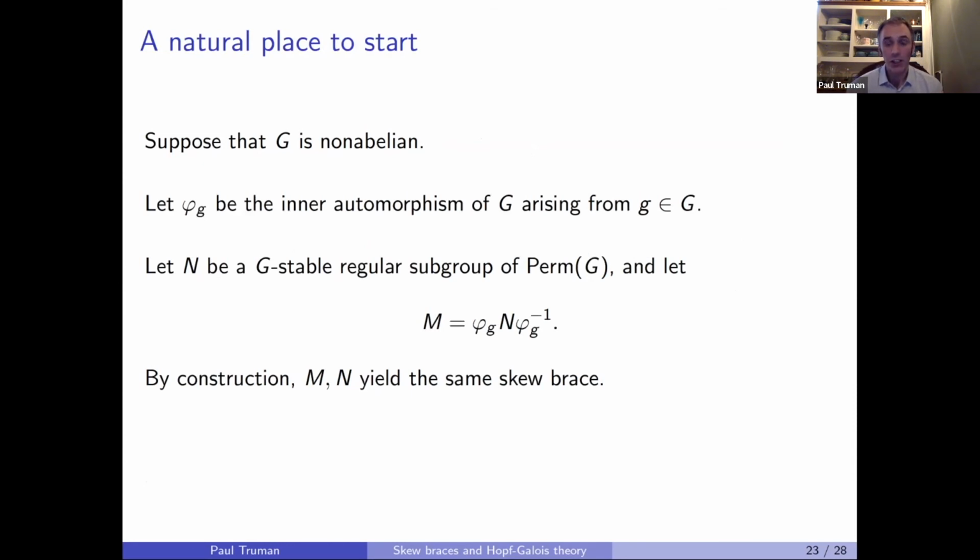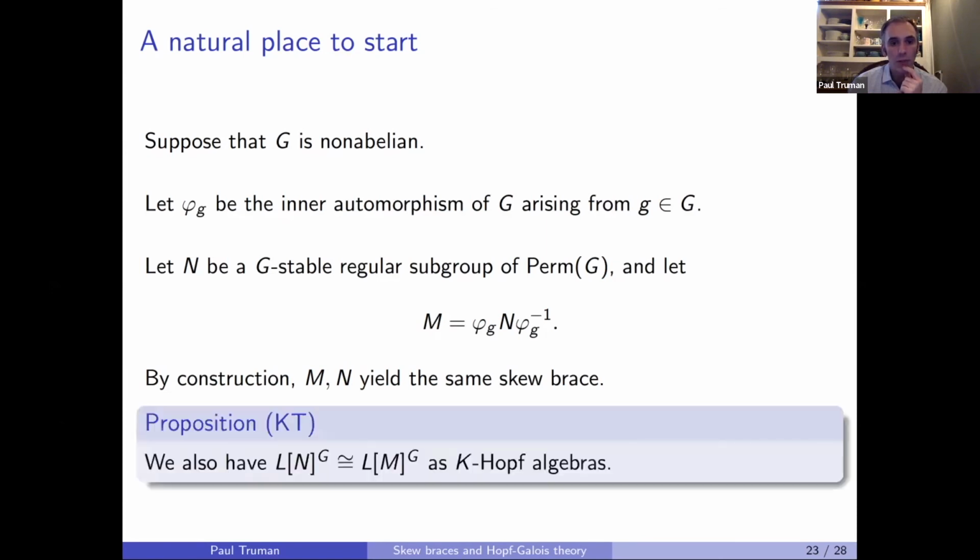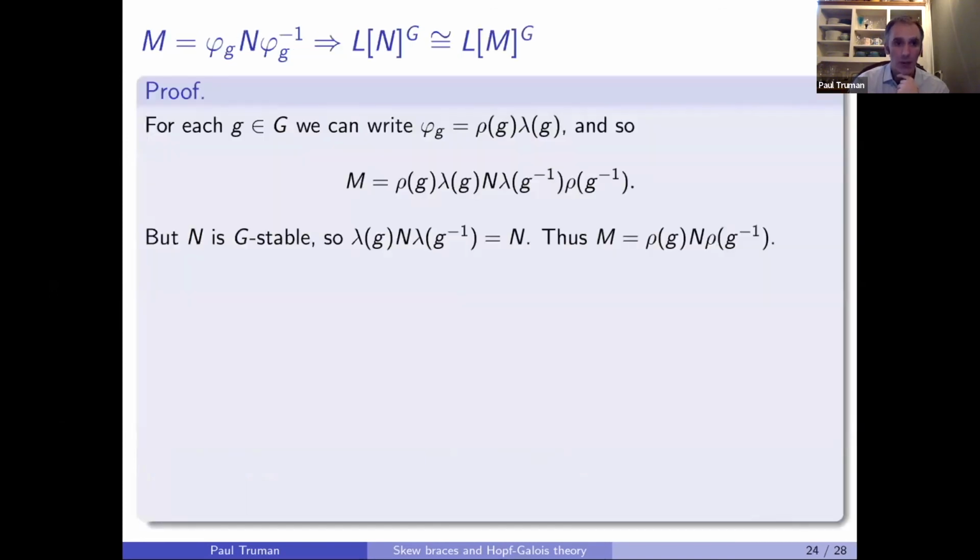Well, I suppose the first thing to note is that I get another G-stable regular subgroup, and by construction, M and N are going to yield the same skew brace. What can we say about the Hopf algebra isomorphism question? Well, it turns out in this case, the Hopf algebras that emerge are isomorphic as well.